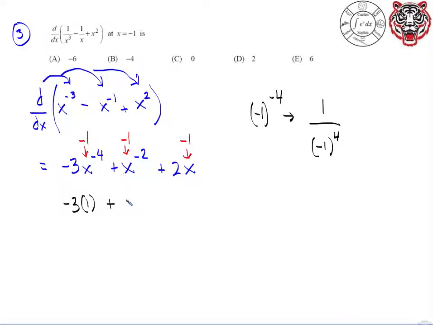Well, we're plugging in -1 for x, so is it positive or negative? Positive 1. Yeah, it is +1. And then we're going to add, and then what is this going to be? -2. All right, so now this becomes pretty straightforward. -3 plus 1 minus 2 is? -4. There it is.